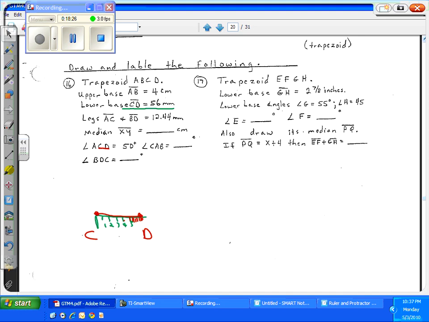The angle at C is 50 degrees, so you would lay your protractor in here. Put the vertex on 0, work your way over here to 50, make a mark, and cut it in that way.